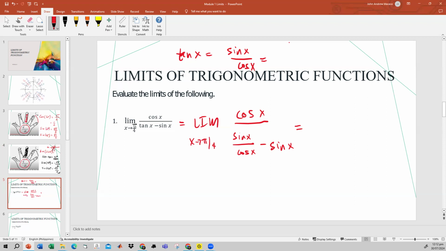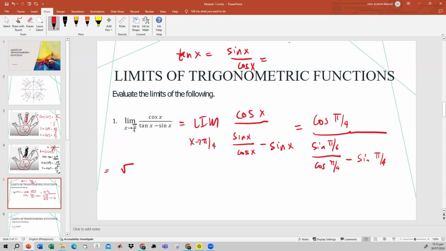So this will lead to what? You just need to substitute it directly. So we'll have now cosine of pi over 4 over sine of pi over 4 over cosine of pi over 4, minus sine of pi over 4 as well. Then you just need to evaluate this. So that's cosine of pi over 4, using your hand.